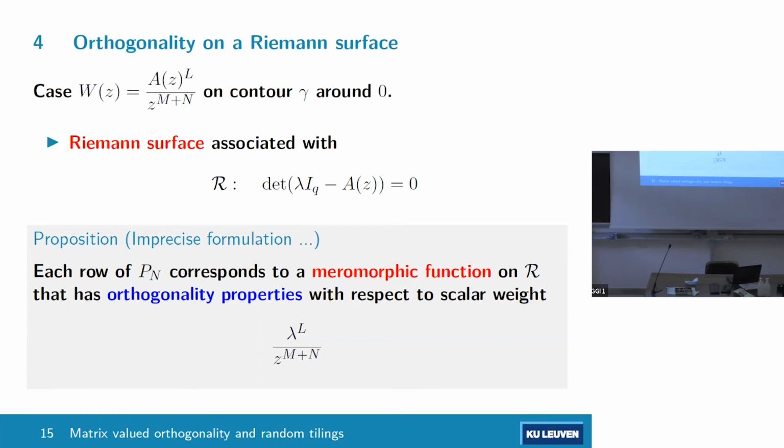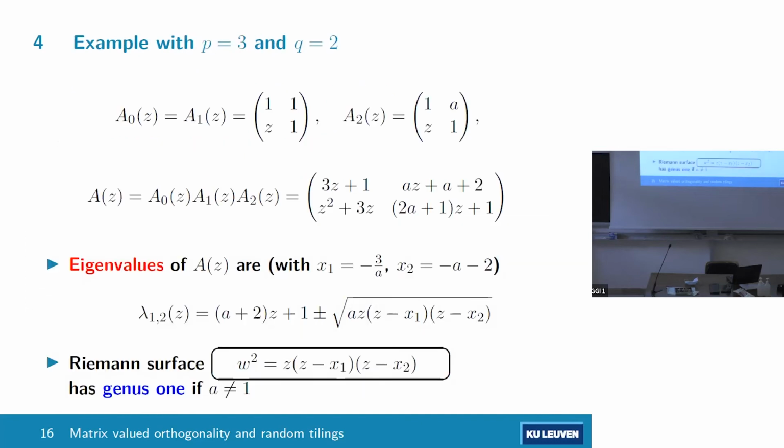Lambda denotes the eigenvalue, as a function on the Riemann surface, to the power L, and z is also another meromorphic function on the Riemann surface in the denominator. This is sort of an imprecise formulation. Let me use an example to show you what I mean.